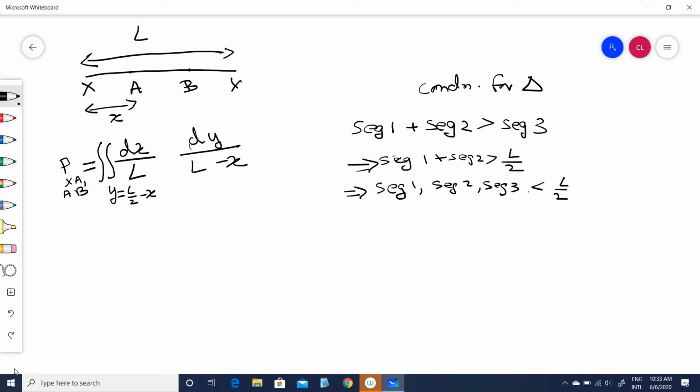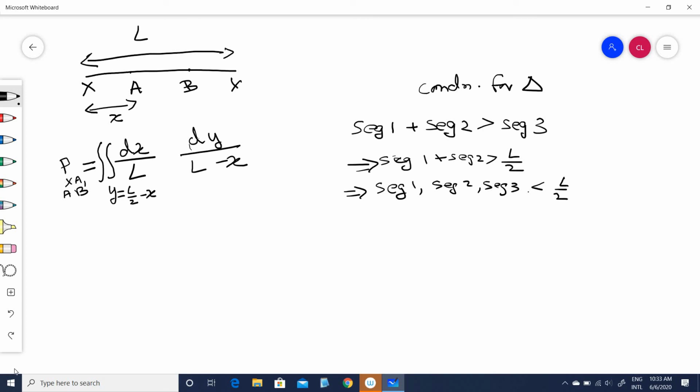Because you know that the segment XA is already x. If segment Y were less than L by 2 minus x, then segment 1 plus segment 2 becomes less than L by 2. It has to be greater, so that the condition segment 1 plus segment 2 greater than L by 2 is met. So the lower limit of Y is L by 2 minus x.